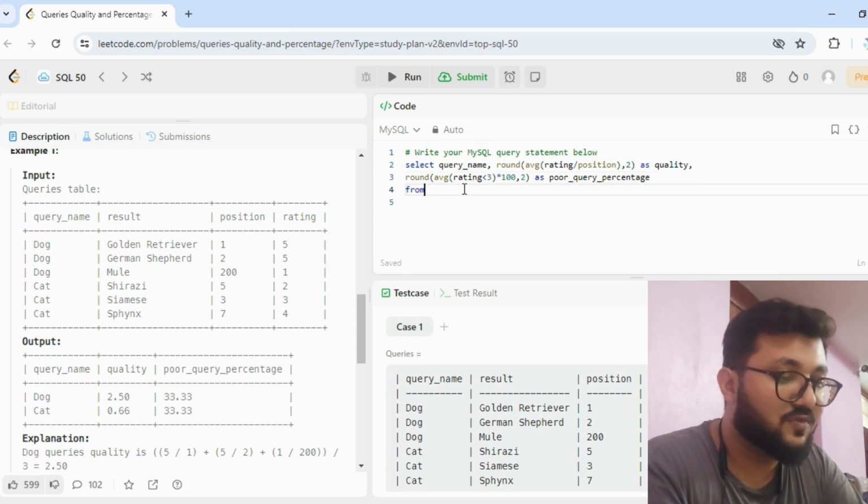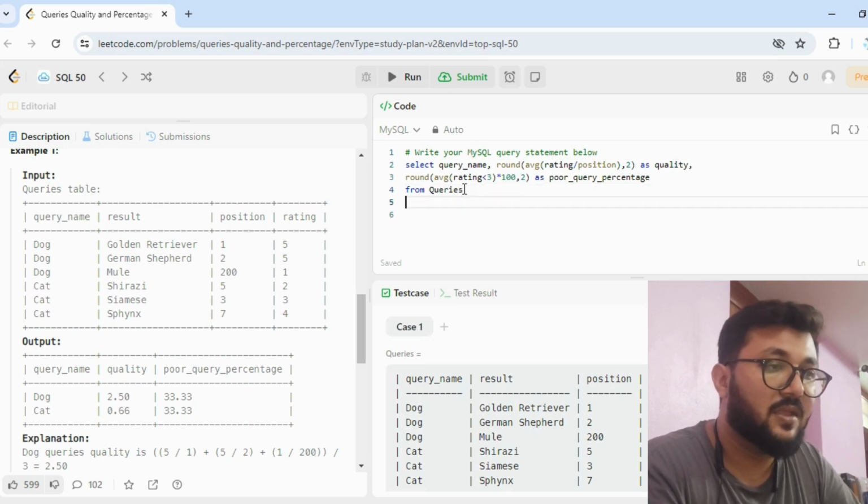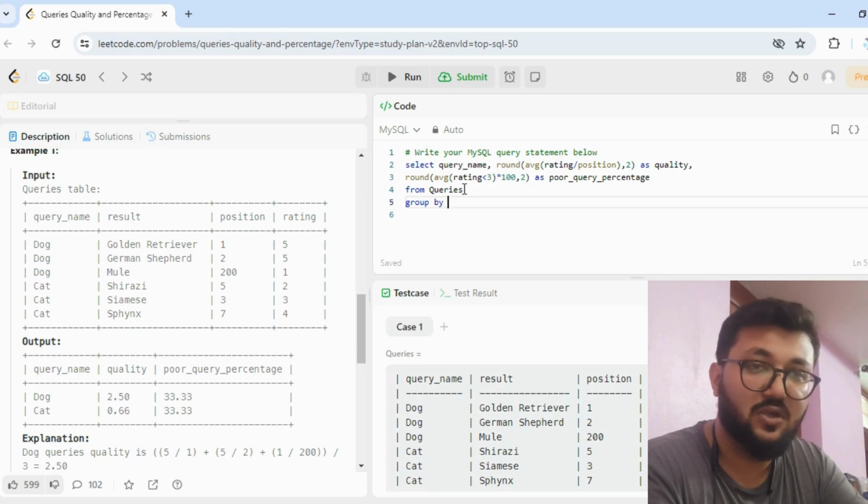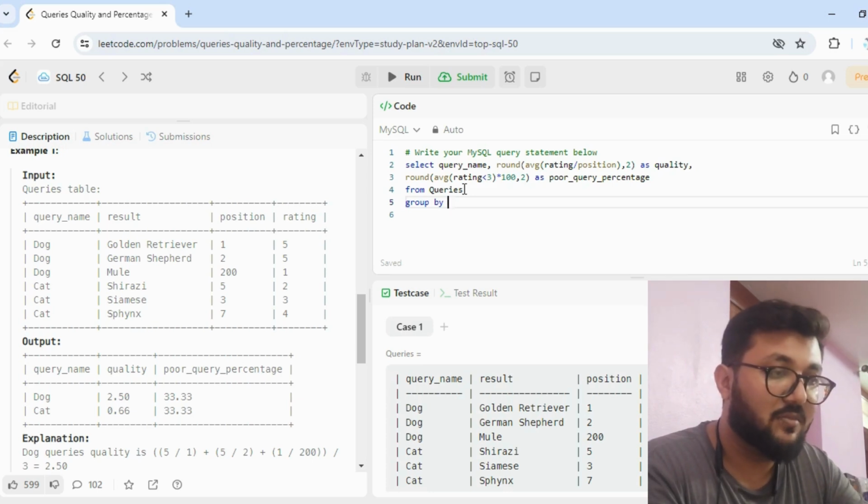So now I will use from table queries. Now I will use group by. I have told you previously I have to use group by for calculating each dog and each cat also. So I will use group by on query name.